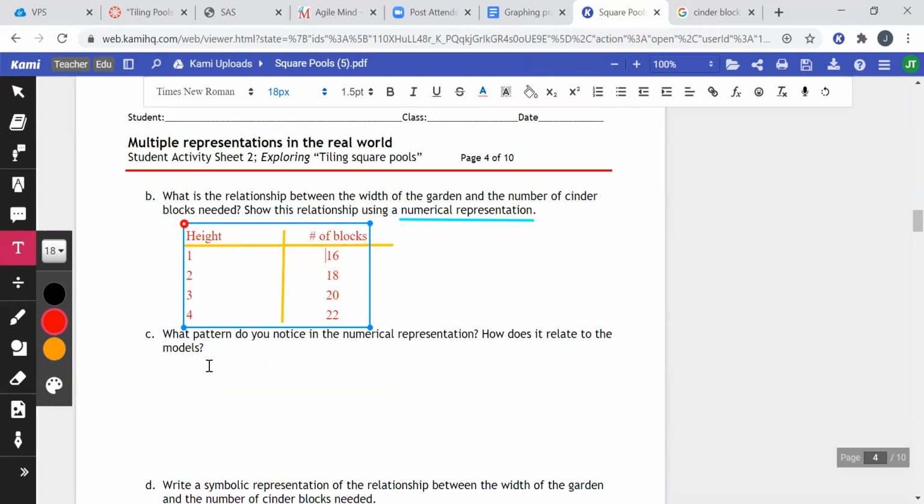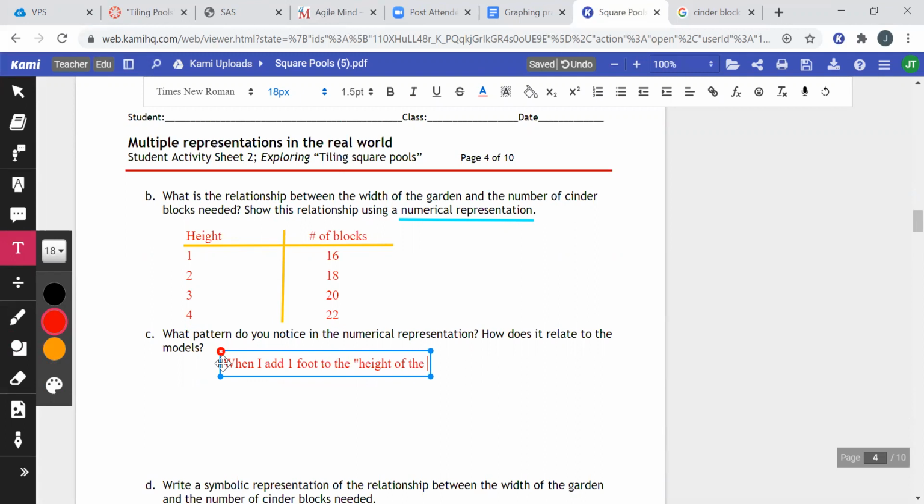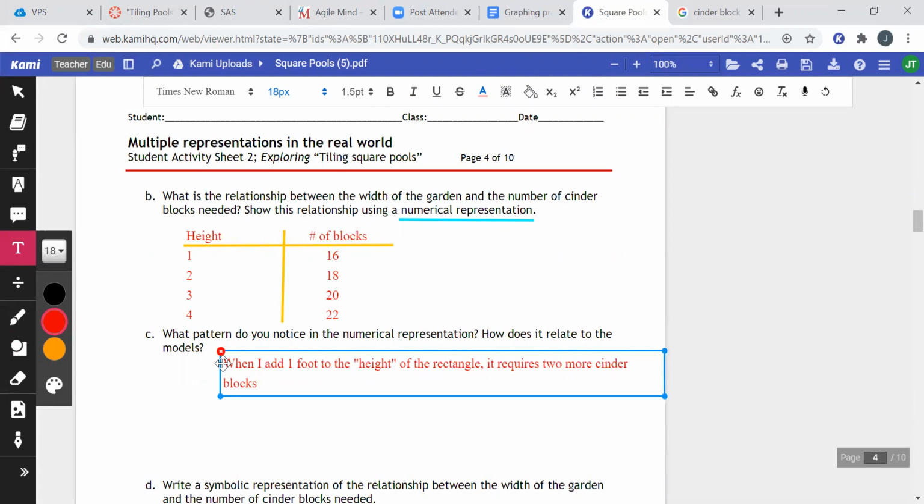What do you notice? When I add 1 foot to the height of the rectangle, it requires 2 more cinder blocks.